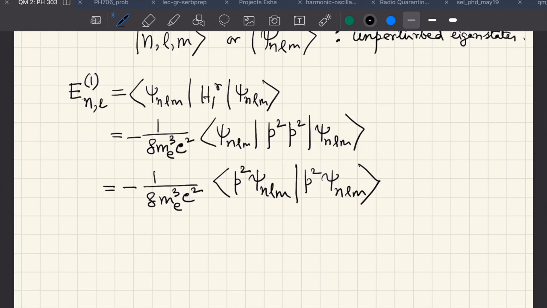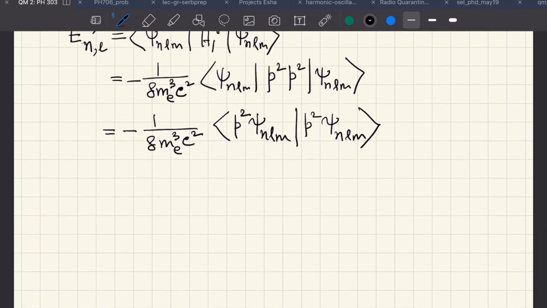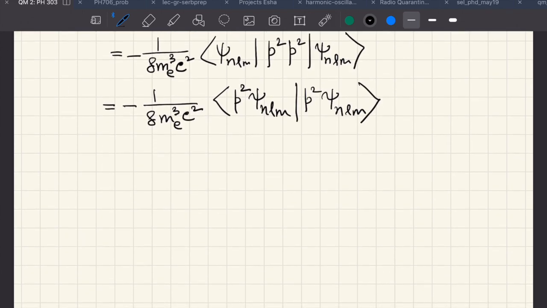Because we have already seen that the perturbation is diagonal in the psi NLM basis, we can always do that. Now to simplify our evaluation, we will use a trick. What is that trick? We are going to use the Schrodinger equation.